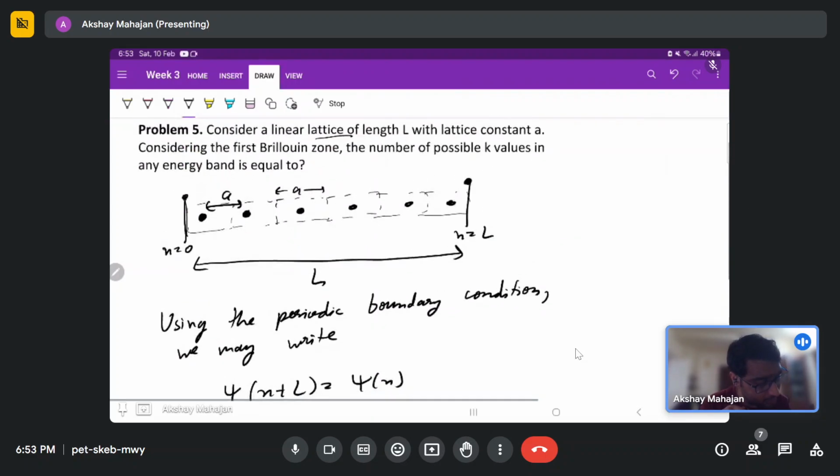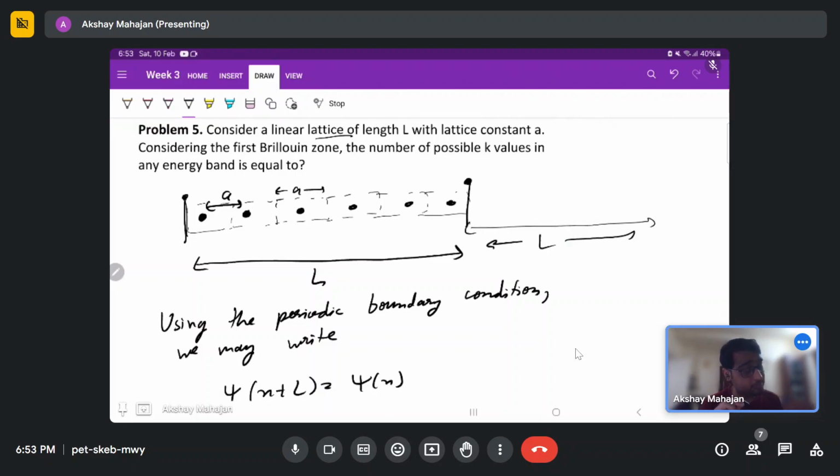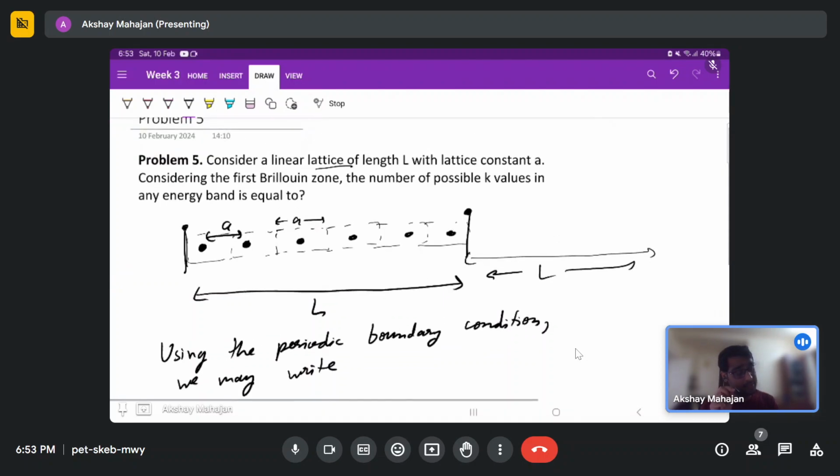So they will be the same at this length, and I can repeat this complete unit cell. This is my unit cell, and the lattice constant is the smallest length of the repetition.